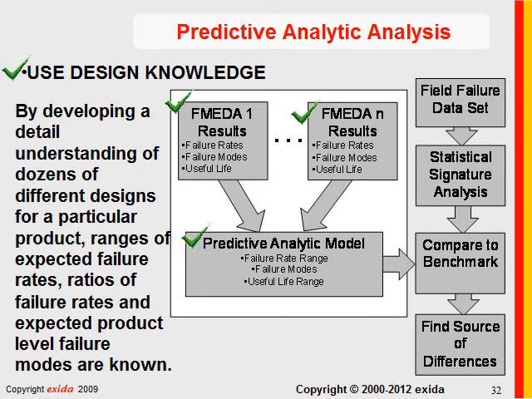What it does do is allow us to create a predictive analytic model of the product failure rate data, and we use that to analyze field failure data. When the field failure data comes in, we do statistical signature analysis, and we compare the results to the predictive analytic benchmark.